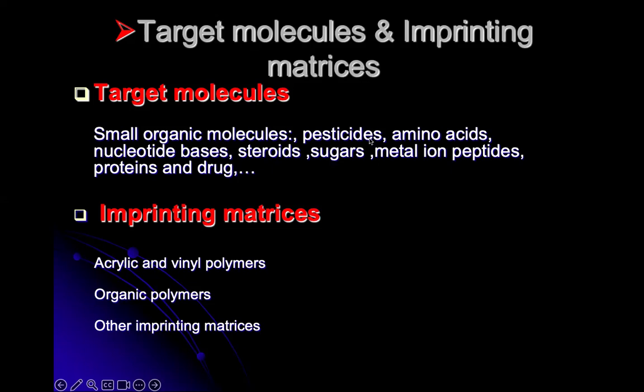You can target pesticides, you can target amino acids, drugs, protein. So in terms of application for imprinted polymer, there's a lot that you can do to extract the molecules of interest by using imprinted polymer.